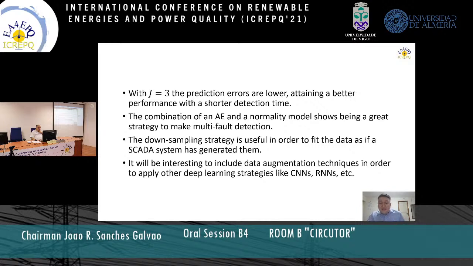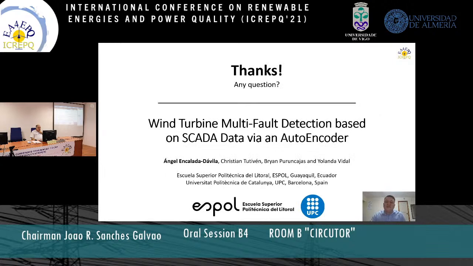The downsampling strategy is also useful in order to feed the data as if a SCADA system had generated them. It would be interesting to include data augmentation techniques in order to apply other deep learning strategies, for example, CNNs, RNNs, etc. And with that, we conclude this presentation.